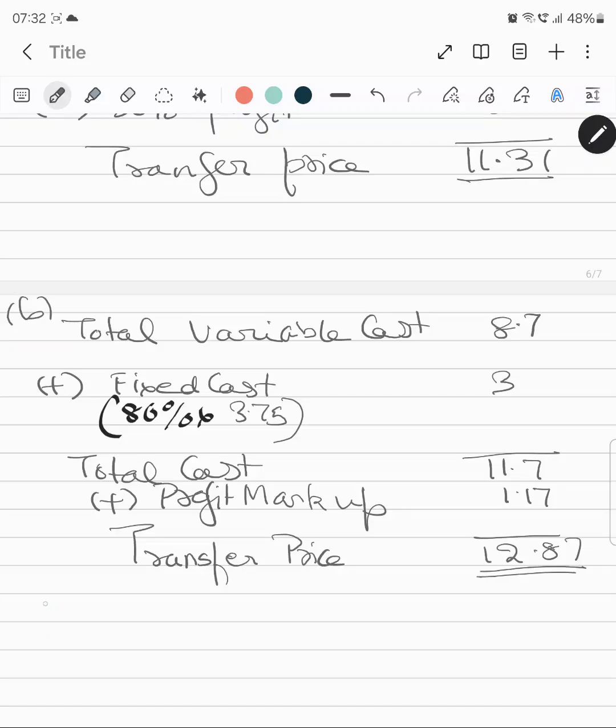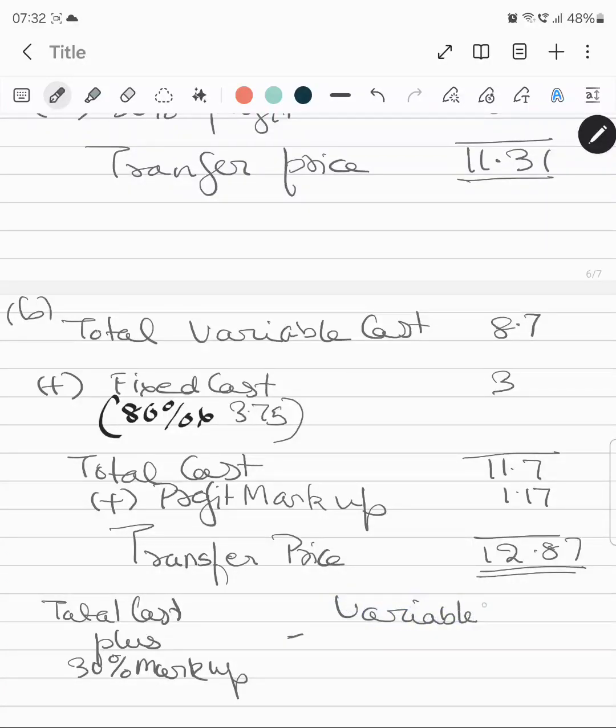What I mean to say is total cost plus 10% markup minus variable cost plus 30% markup. Sorry, this is 10% and this is 30%.